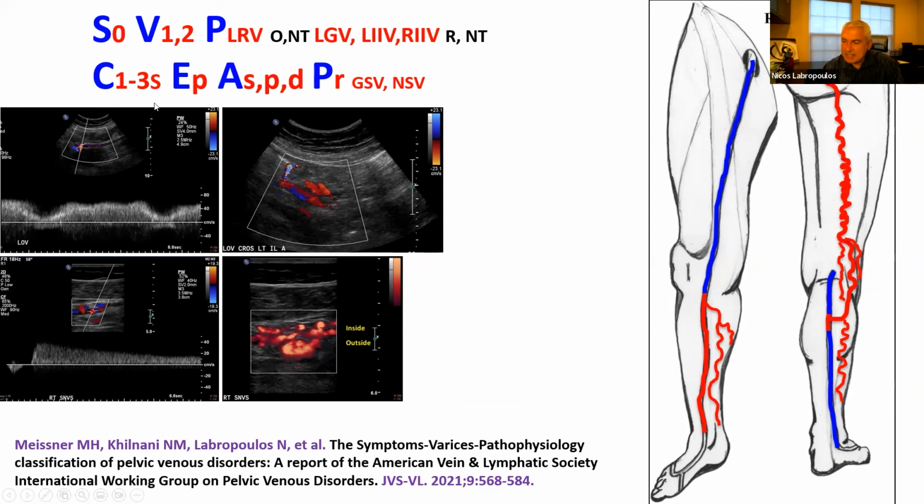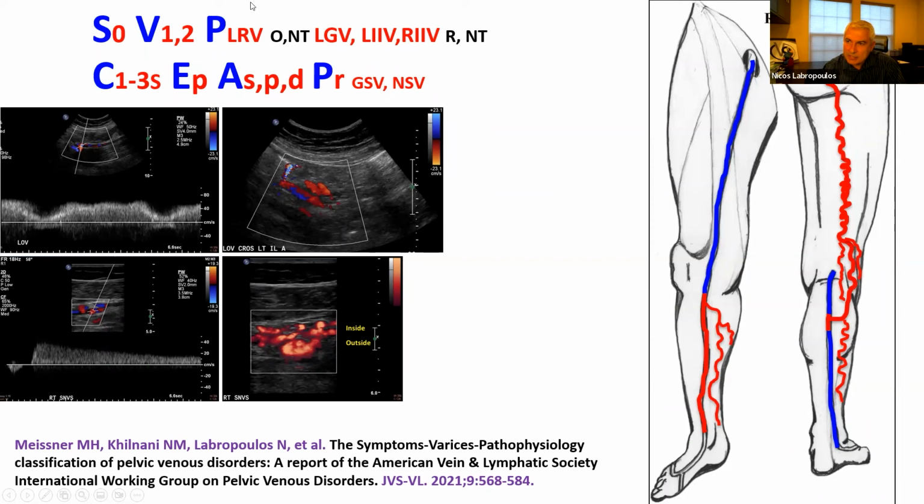And this patient basically has no pelvic symptoms, so it's S0, but had pelvic varices, right? Had also compression of the left renal vein, and had also reflux in the left gonadal vein, left interiliac vein, and right interiliac vein. And the pathophysiology was that reflux was non-thrombotic.